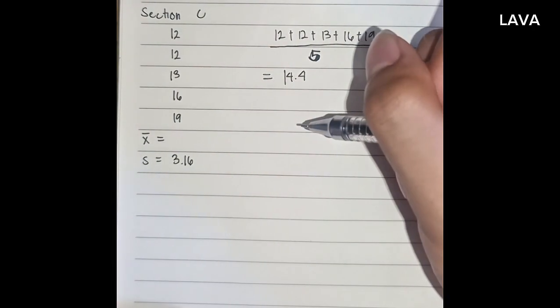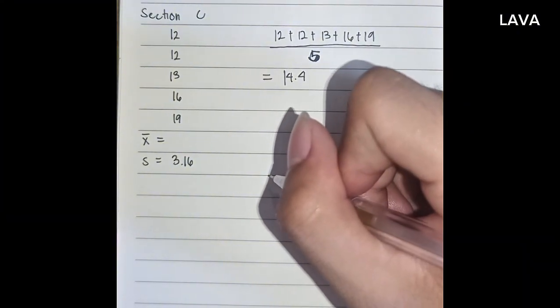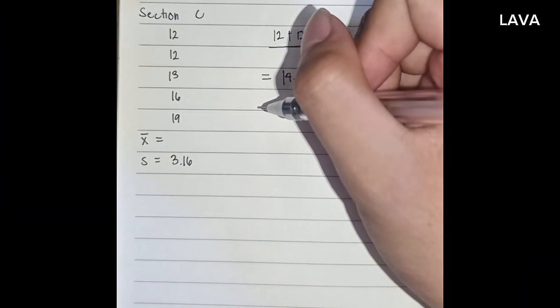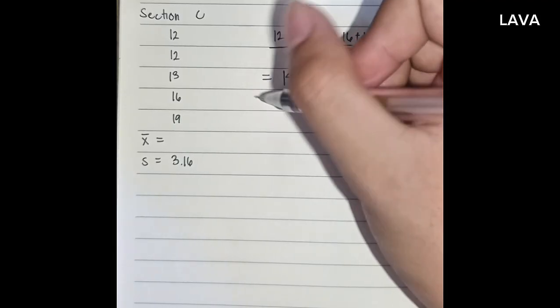Then we need to calculate the coefficient of variation. So this is the formula of the coefficient of variation.